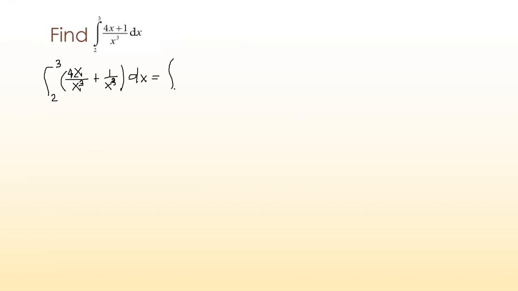And afterwards, simplify to exponent form like this: 4x to the power of -2 plus x to the power of -3 like this.